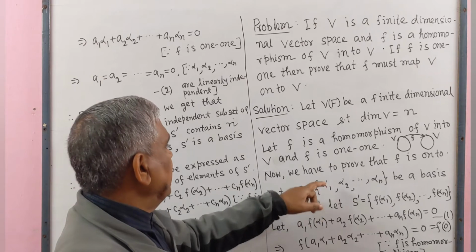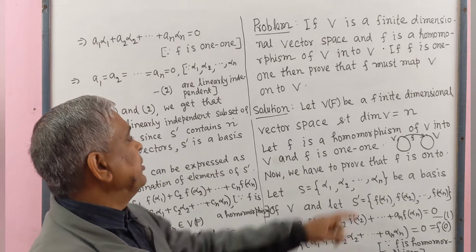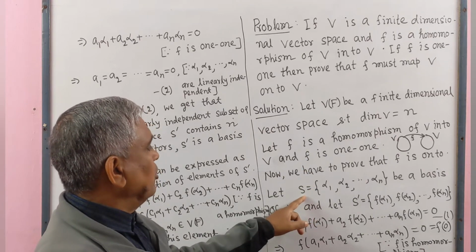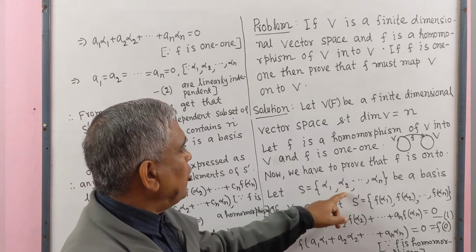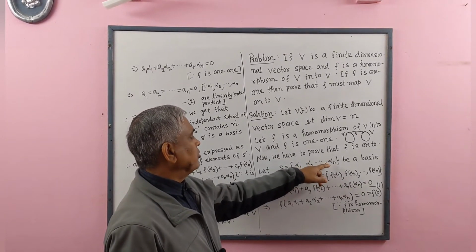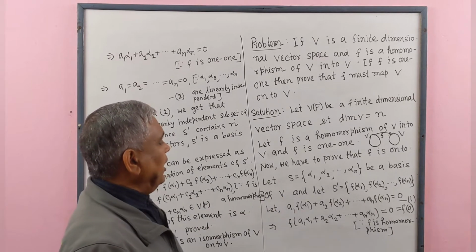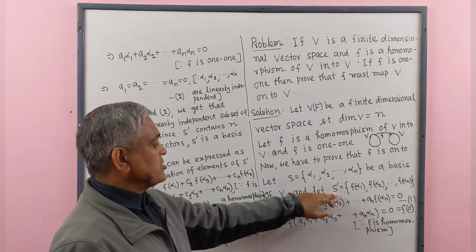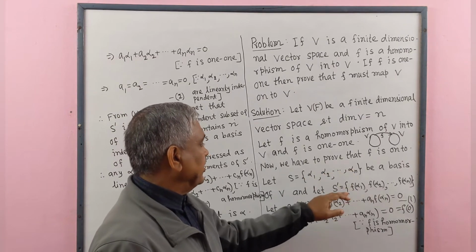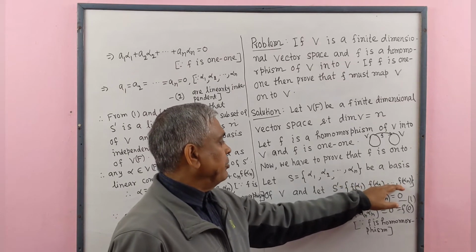Since V is a finite dimensional vector space whose dimension is n, therefore there exists a basis S which contains n number of linearly independent vectors alpha 1, alpha 2, dot dot dot alpha n of V, and let S prime contain the images of alpha 1, alpha 2, alpha n, that is F alpha 1, F alpha 2, dot dot dot F alpha n.